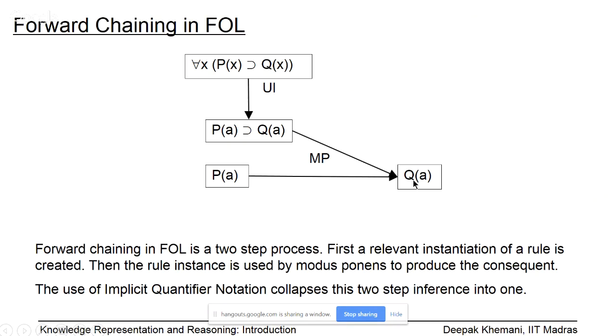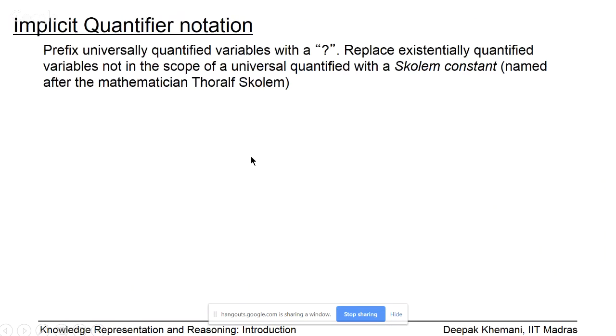The conclusion is that you have to show Q of A. For example, P could be man, Q could be mortal, and the first statement would be read as all men are mortal, and P of A would mean Socrates is a man, and then you have to show that Socrates is mortal. So forward chaining in first order logic is a two-step process which we later compress to a one-step process using the unification algorithm, which we will see if we get time to discuss later.